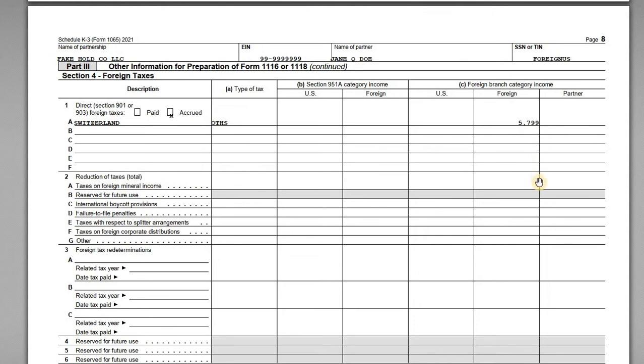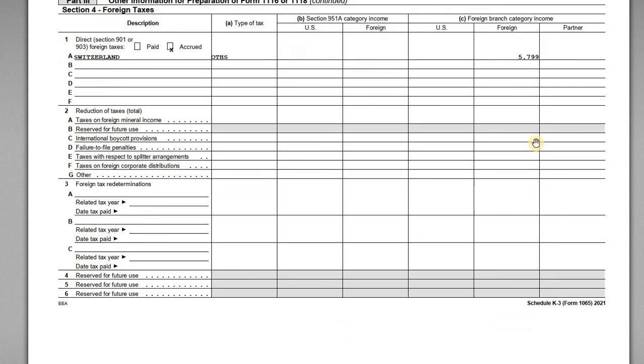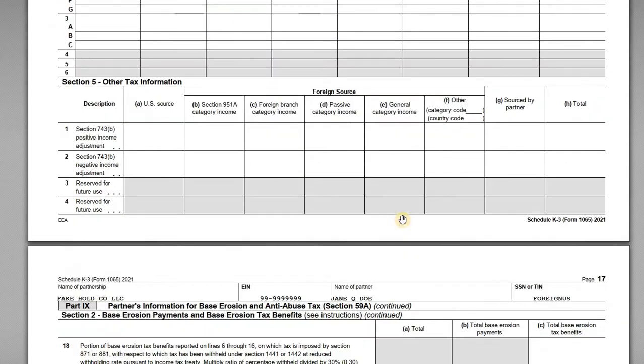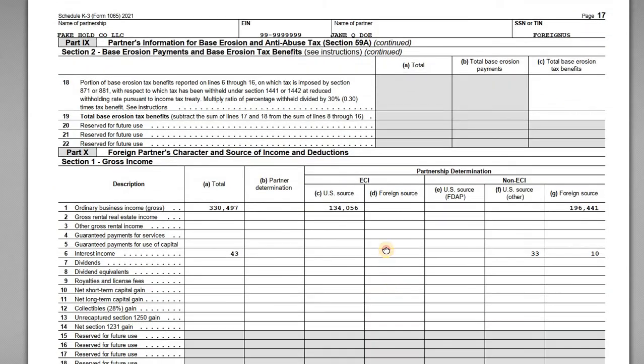Again, remember we touched on this on the K2, but the taxes are allocated between what is tax per the foreign branch and then what's passive. So there's $1 being allocated to her allocation of the Swiss taxes, nominal amounts, but better to be precise.